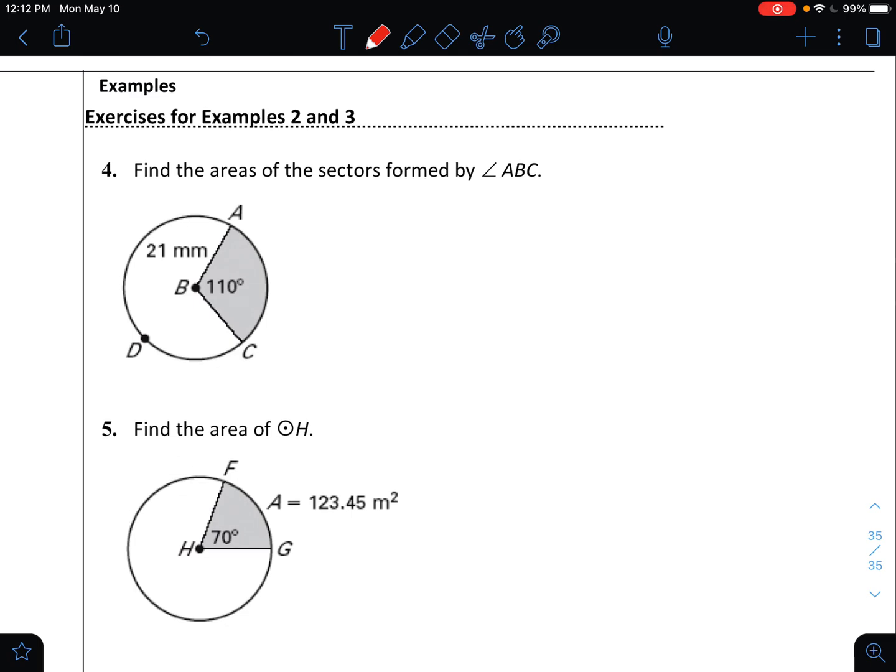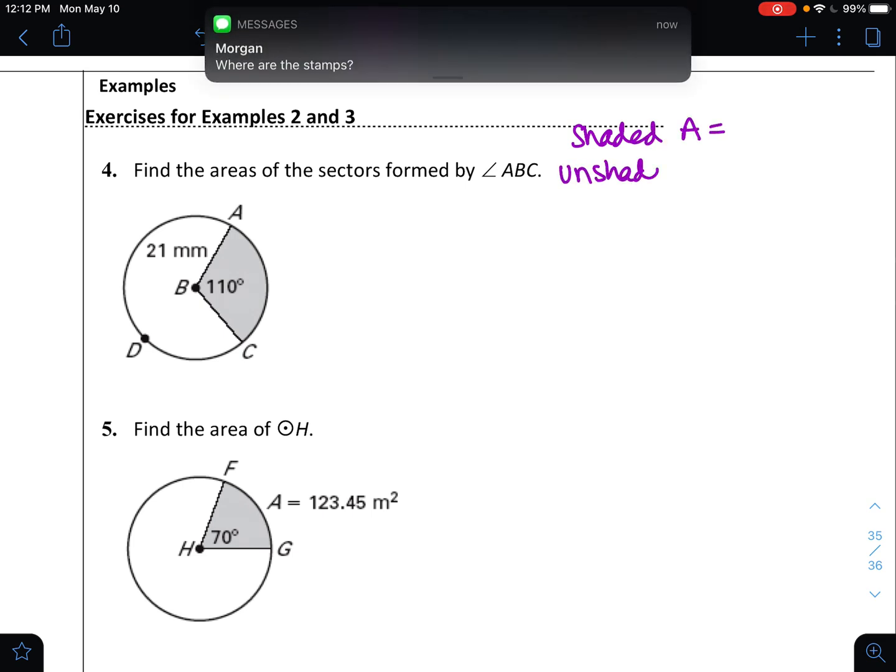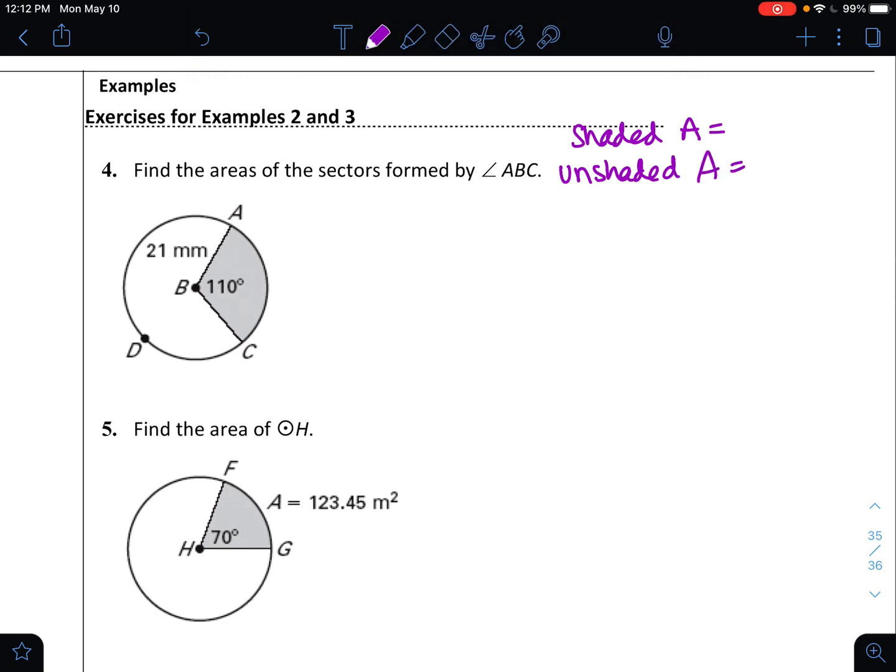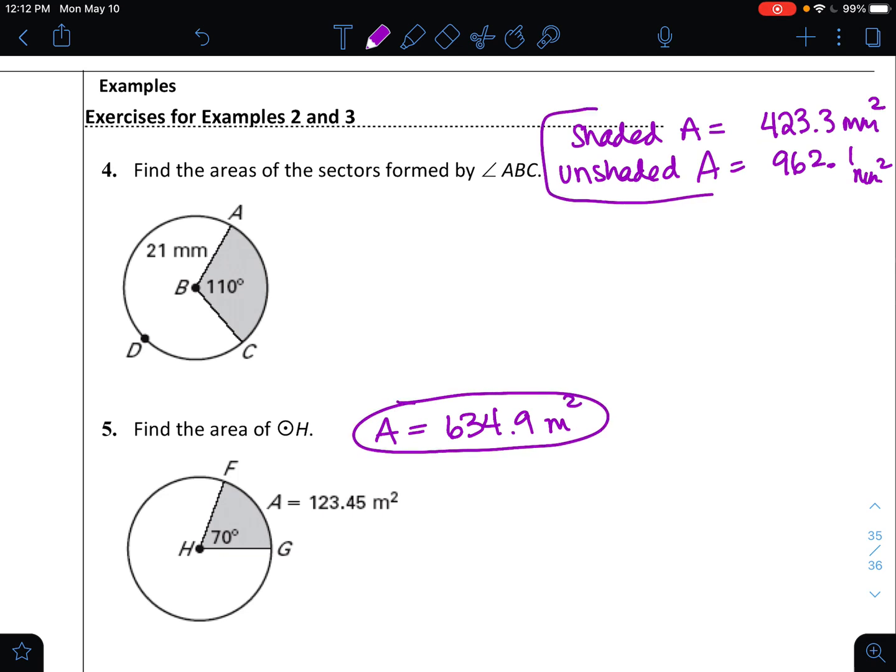I'll have you check the answers, and if you would like to listen through the explanation, you can do that. Here are the two solutions.